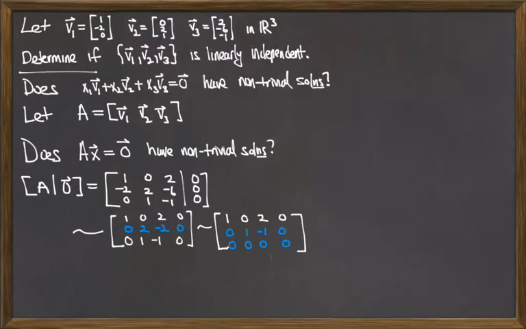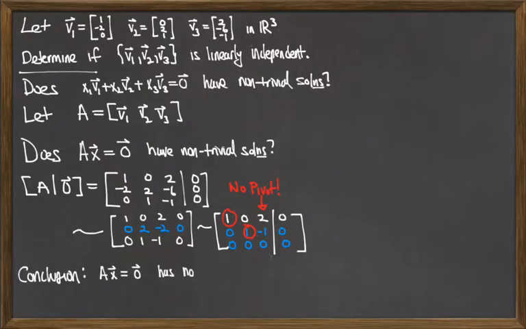We're in the reduced row echelon form at this point, and the important thing is locating where these pivot positions are. I see a pivot here, I see a pivot here, but what's important for us now is that in this third column there is not a pivot. Which means when I write down the solutions to this homogeneous equation, yes, it's consistent, it was always going to be consistent, it has a trivial solution, but more than that, the solutions will have a free variable in it, and therefore there are non-trivial solutions to that homogeneous equation.